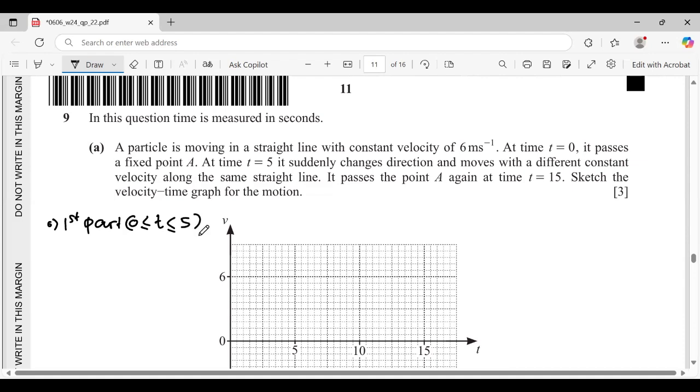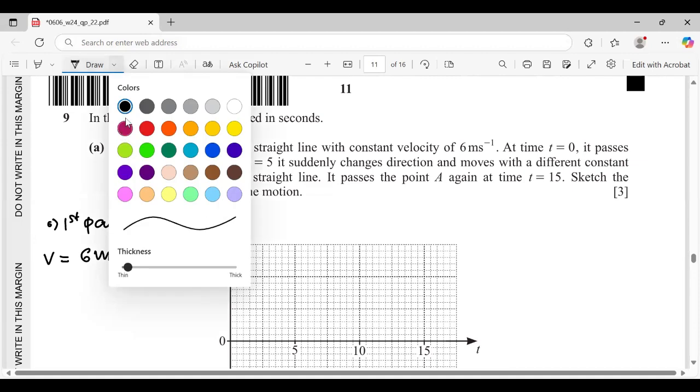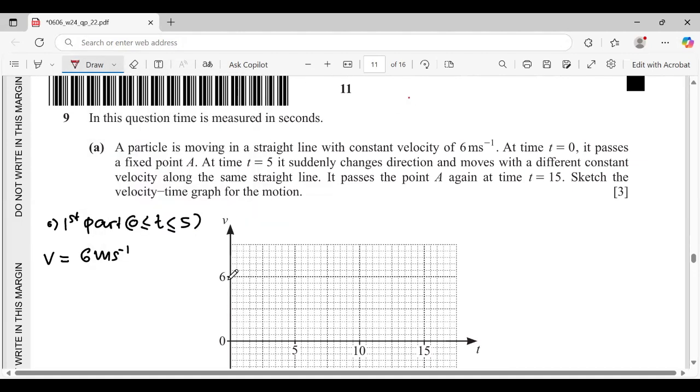As long as this time is 0 to 5, the velocity is constant, according to this information, 6 meters per second. So the graph is a straight line at 6 from 0 to 5.